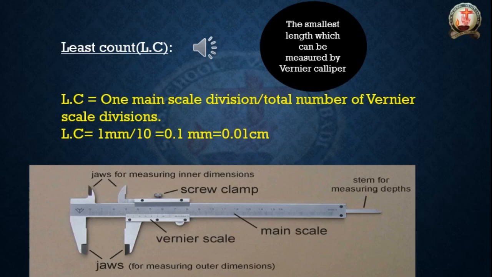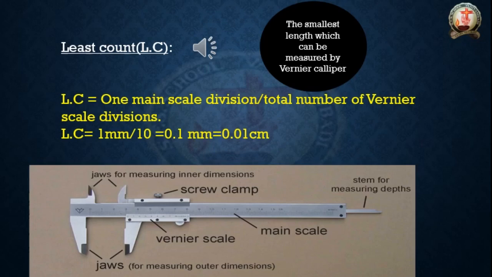Okay, suppose by the use of one vernier calipers you can find 0.01 length of the object. Suppose that object length is 0.01. By the use of vernier caliper, you found that one. So that is the least count.